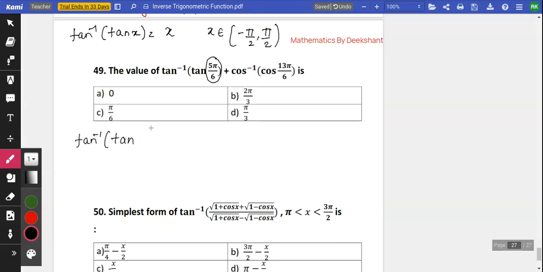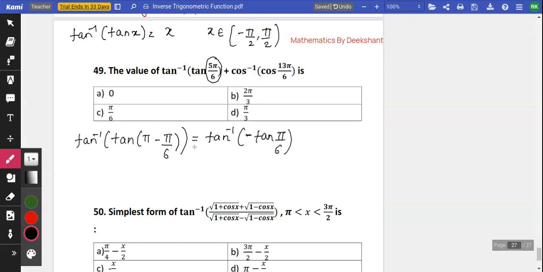So 5 pi by 6 can be written as pi minus pi by 6. And tan of pi minus theta is minus tan theta. It becomes tan inverse of minus tan pi by 6.